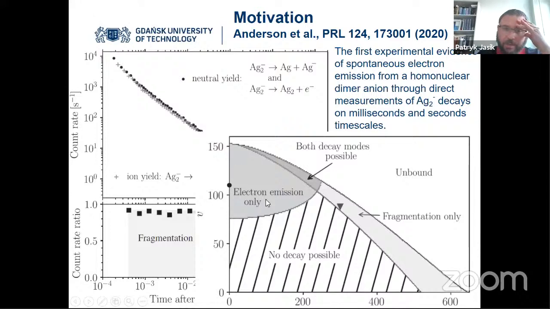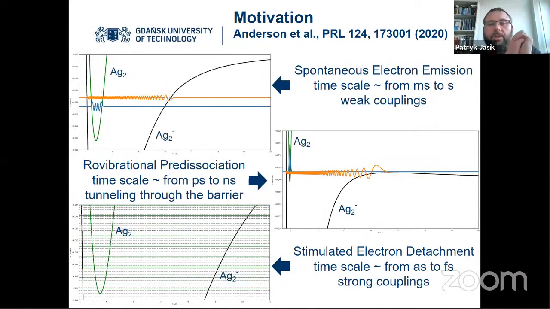One is electron emission only, and the other one is fragmentation only. And here is only a very small region in which both decays are possible. And today I will talk exactly about spontaneous electron emission.